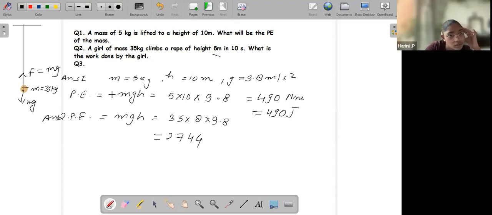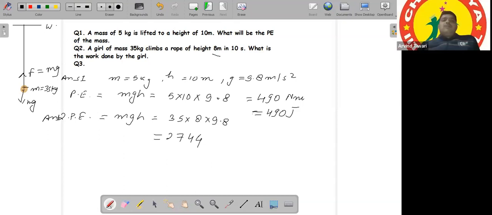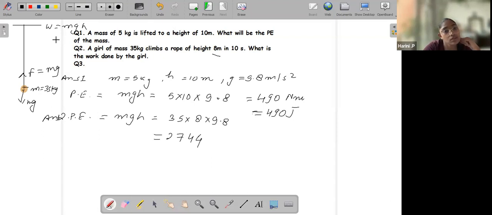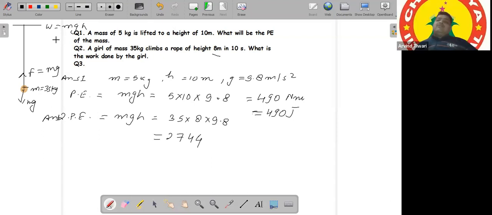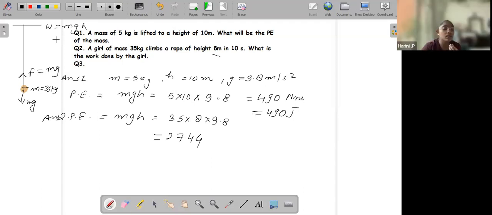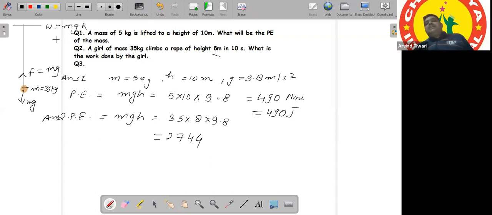So the work done will be equal to mgh, force into displacement. That is what we said, that work and potential energy are equivalent. They are the same. So when you are computing the potential energy, it's actually the work done.